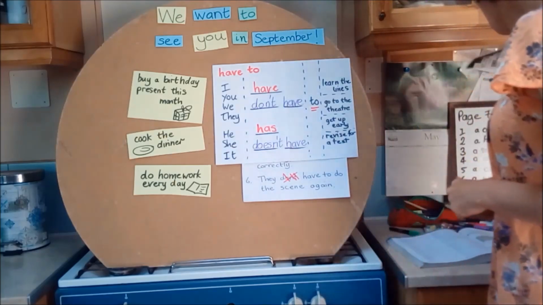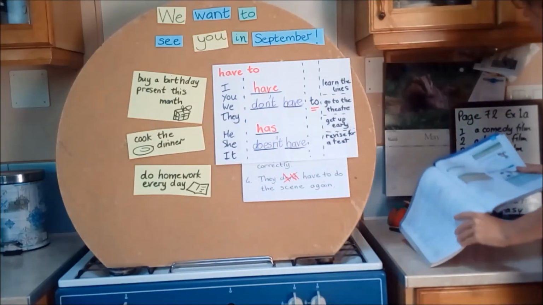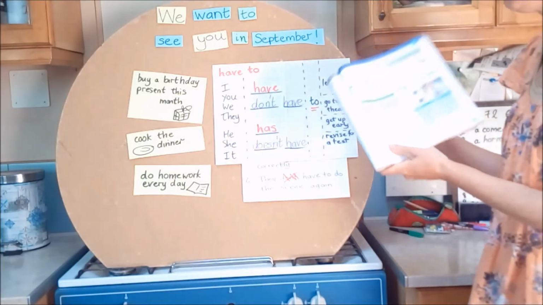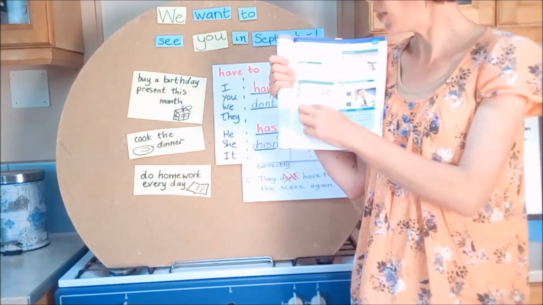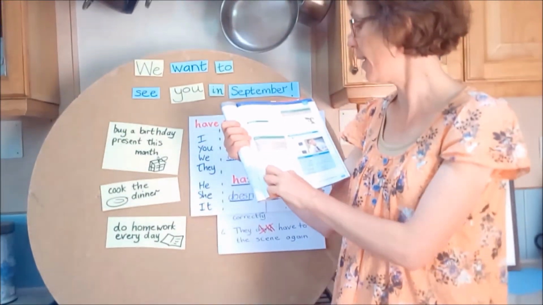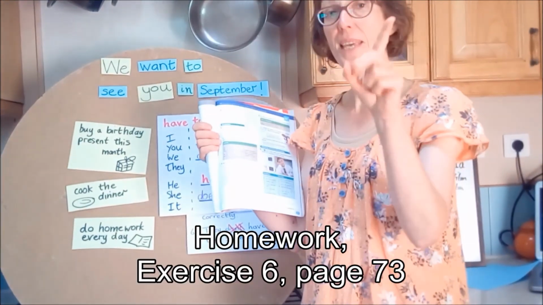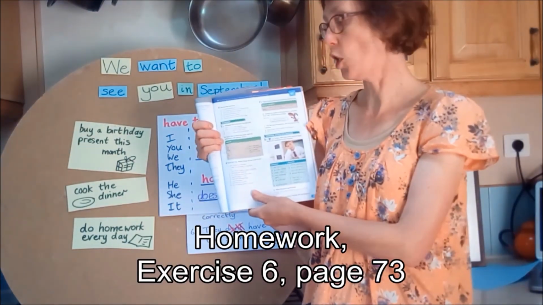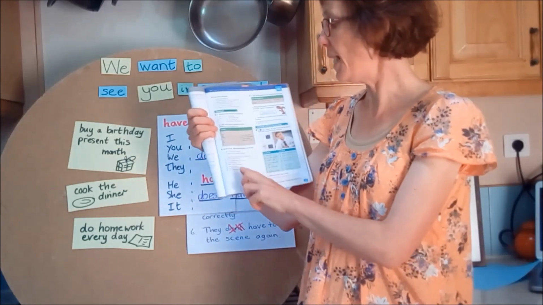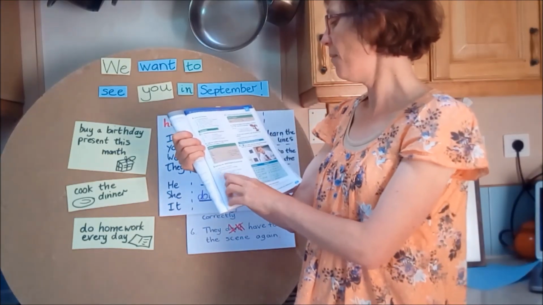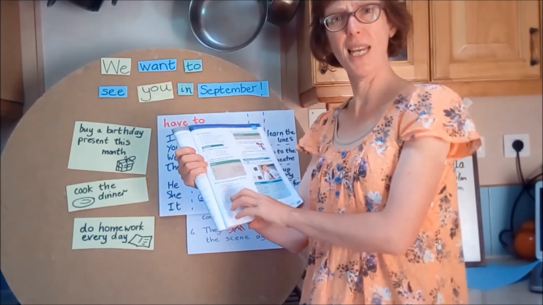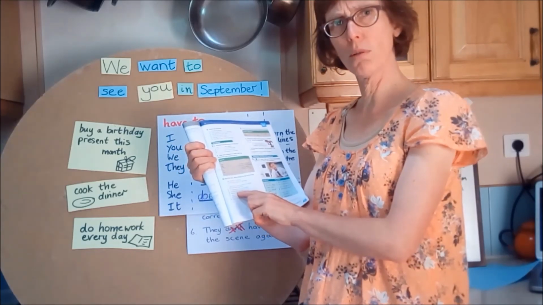Okay? I think for homework, maybe you can have a look at exercise 6 and tell me which of these things you have to do. So write some sentences. For example, do you have to take the dog for a walk?